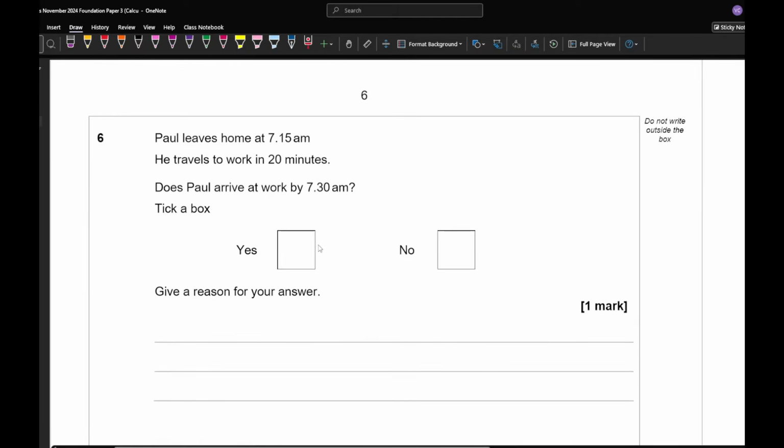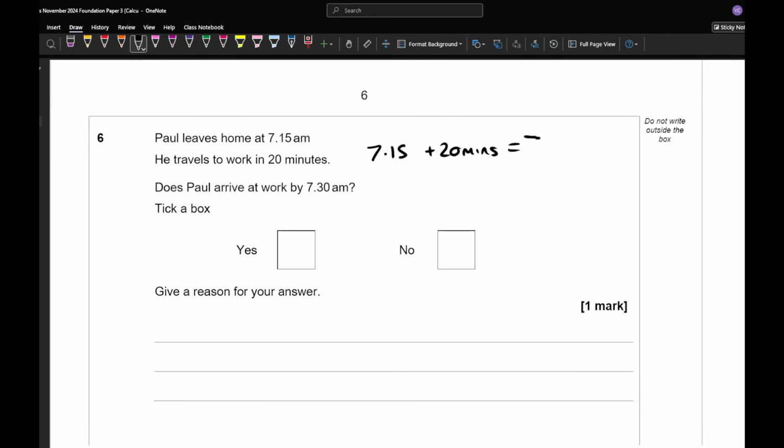Moving on to question 6, it says that Paul leaves home at 7:15 a.m. He travels to work in 20 minutes. Does Paul arrive at work by 7:30 a.m.? Tick your box as an answer. So what you want to do here is add 7:15 plus 20 minutes, which is going to give me a time of 7:35 a.m. So does he arrive at work on time?